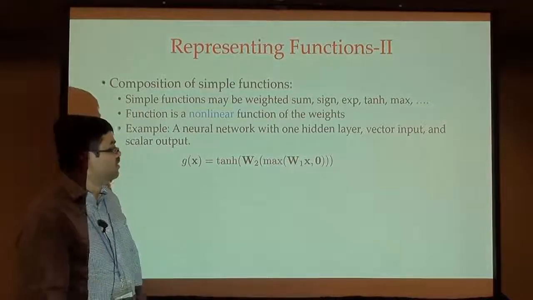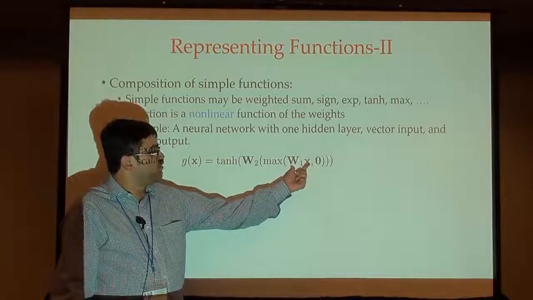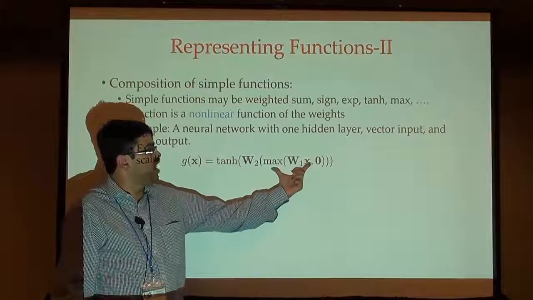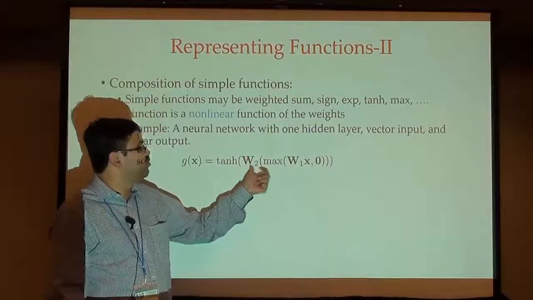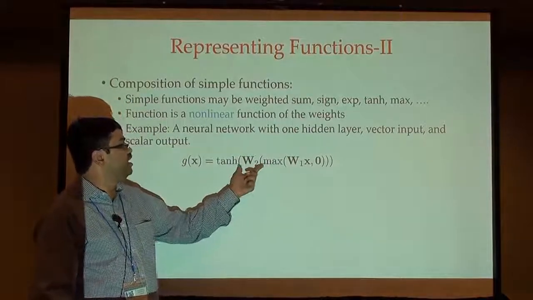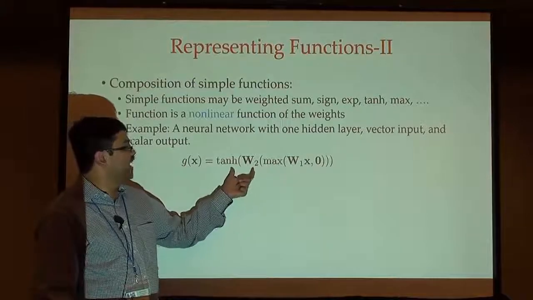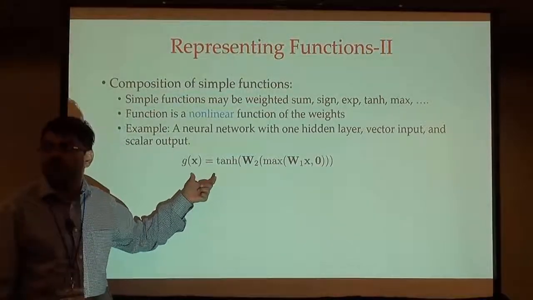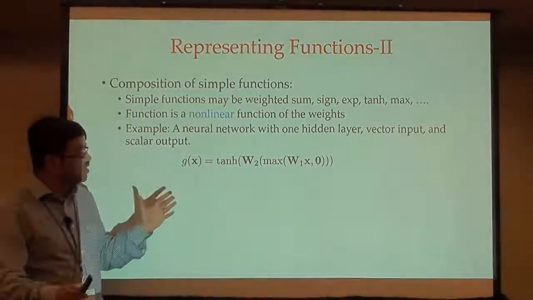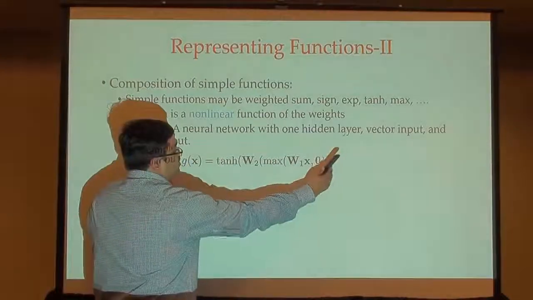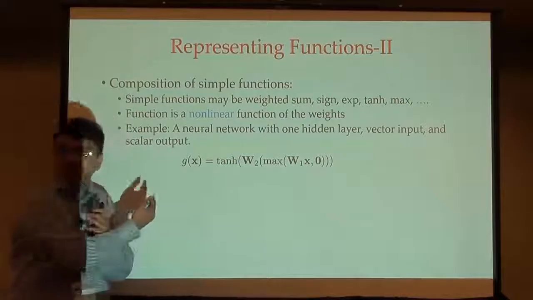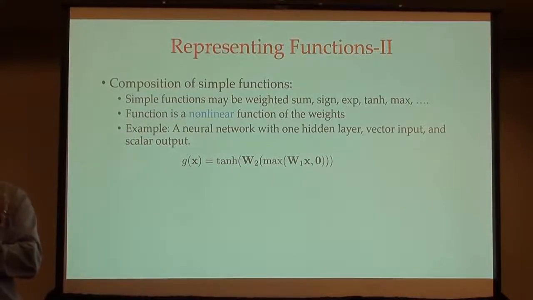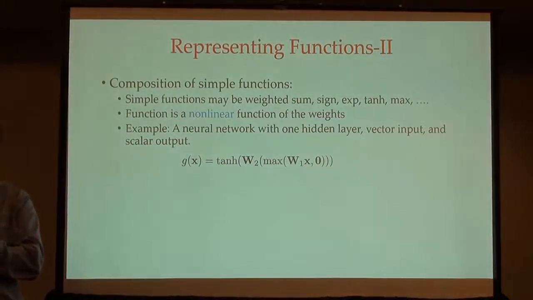You are doing a linear combination and then a max operation. Whatever you get here, you multiply with w2, and then you do the tanh operation on that, and that's your output. So your neural network essentially models functions in this format, as a composition of functions. That's the way neural networks actually implement functions.